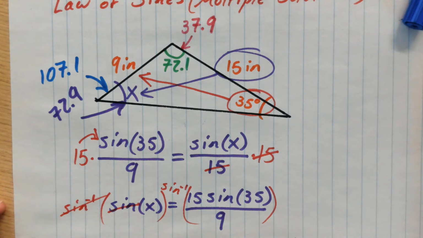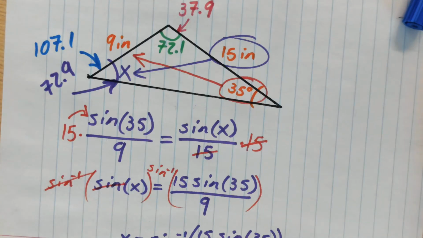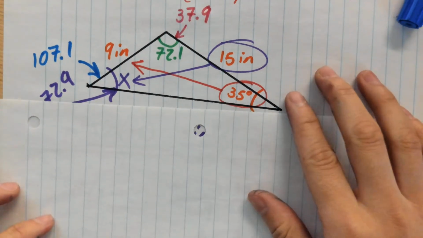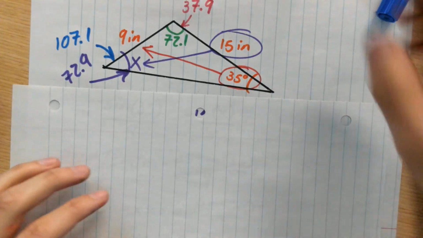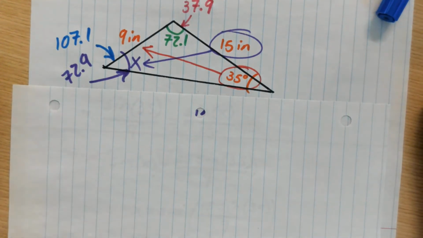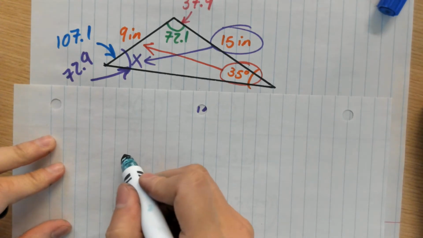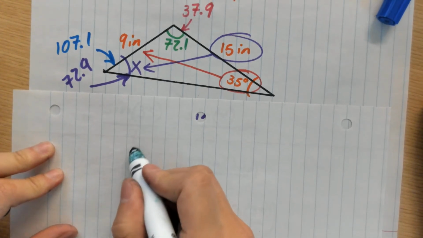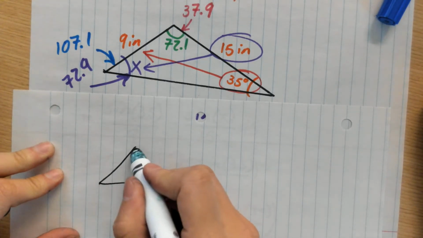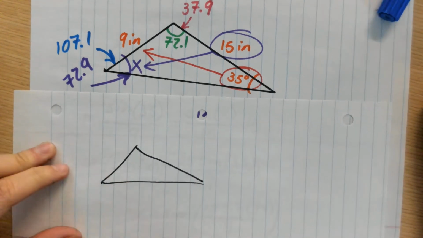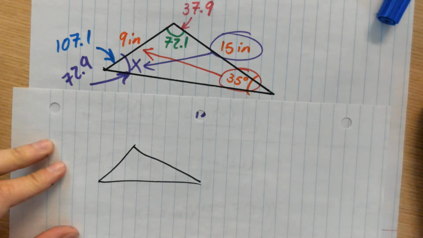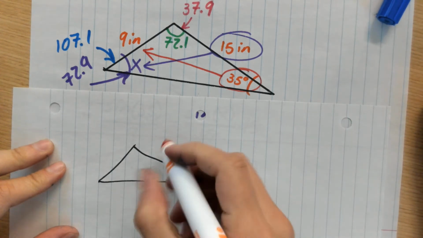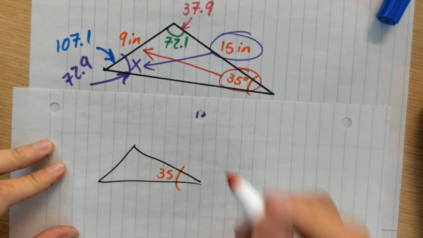So let me draw out these triangles that we're getting, just to show you guys kind of like a picture of it. Let me draw out the first triangle. They are not going to look identical. But if I were to draw the triangles, again, the angle that measures 35, that's not going to change. It'll stay as 35.